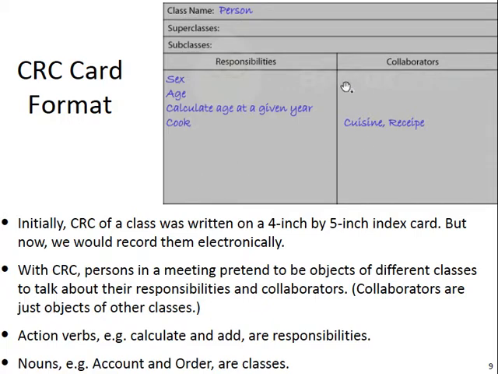You would put them in the responsibility. For example, the gender of the person, male or female, how old, and also methods. For example, the age calculation and what it does. I guess they try to make it fun, to say it's cool.